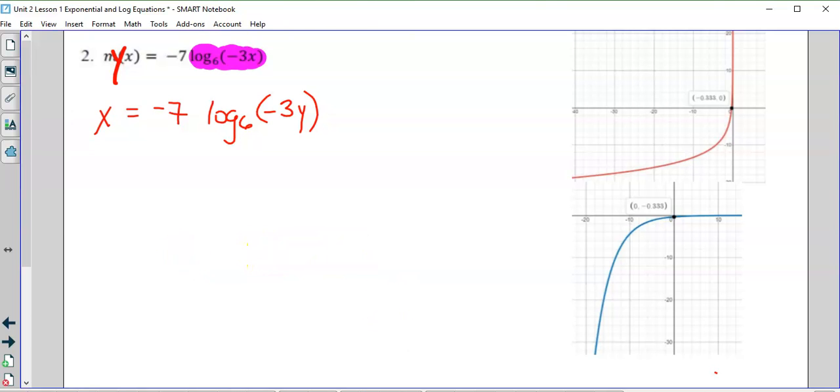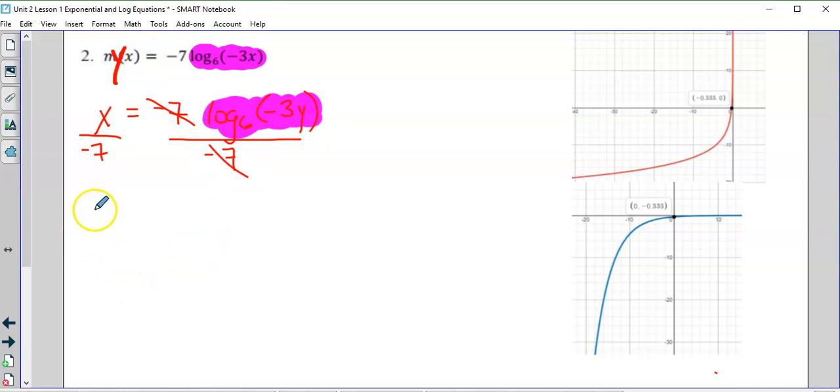So what part do I need by itself? Let's highlight it one more time. I need this and this by itself. The negative 7 is what I've got to deal with first. This has been multiplied times this. So if I divide on both sides by negative 7, then this will be isolated. So that cancels. So x divided by negative 7 equals log base 6 of negative 3y.